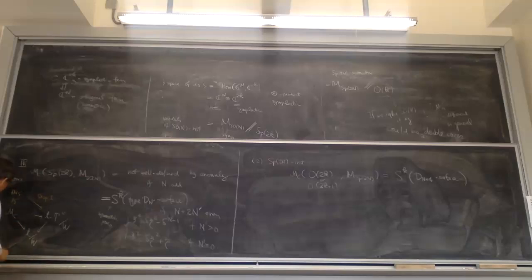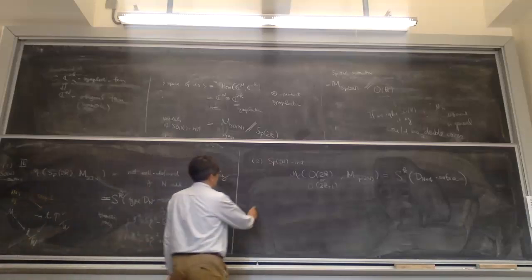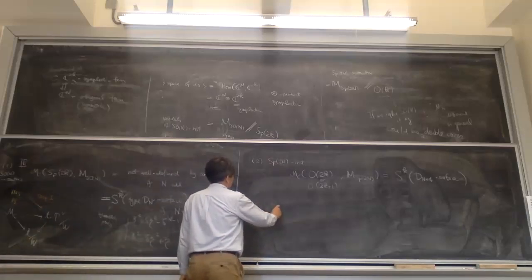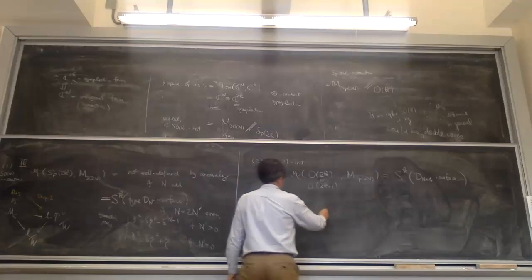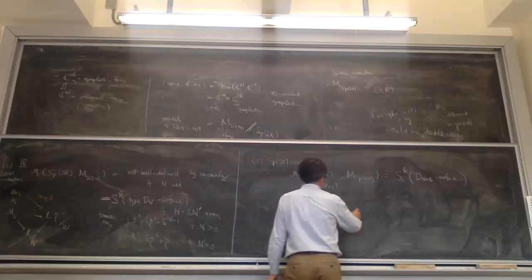And the second step is just the symmetric power. This S^k of type D is a normal variety.